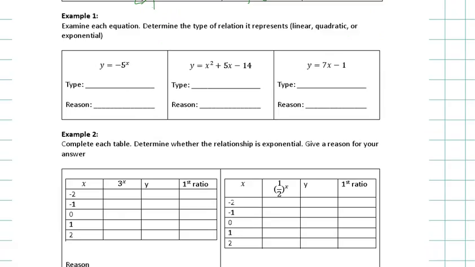Linear? It's not linear, because the exponent is the variable. You see that your base is 5 and your exponent is the variable, right? So this is exponential.